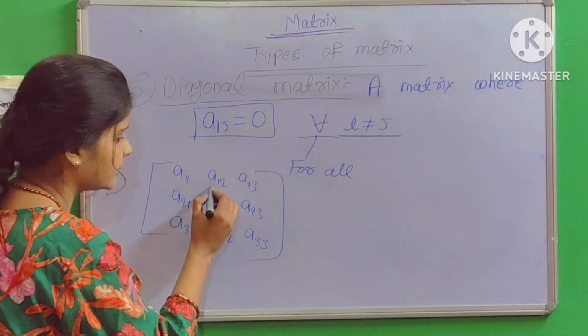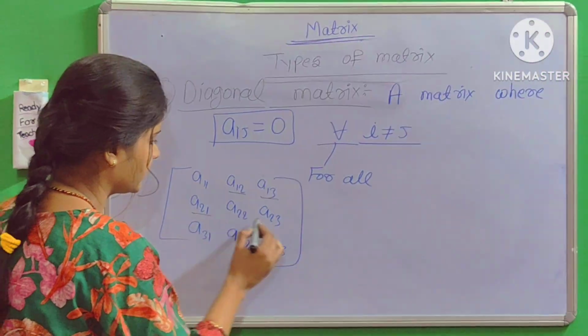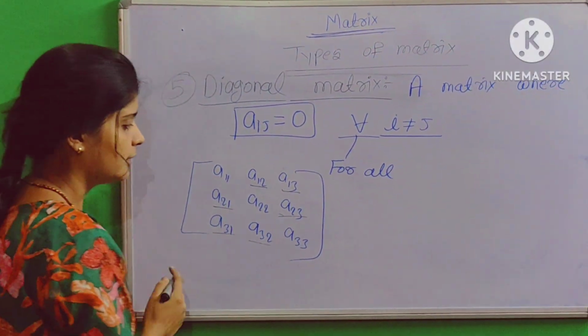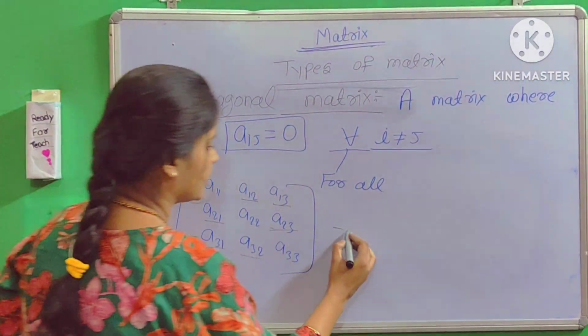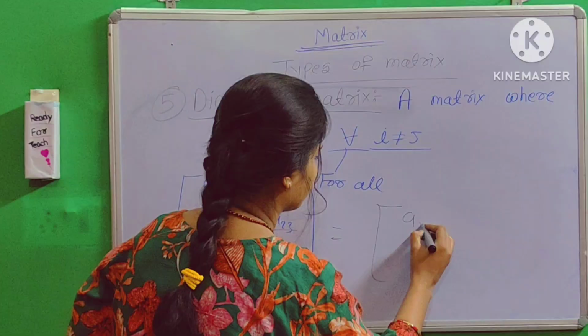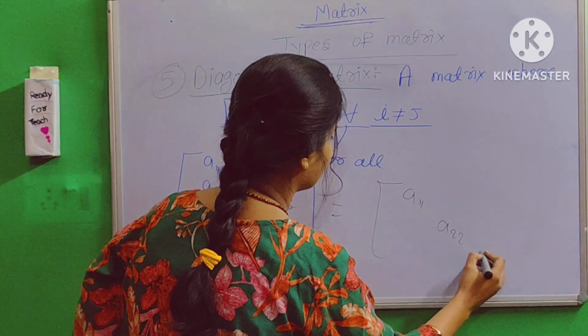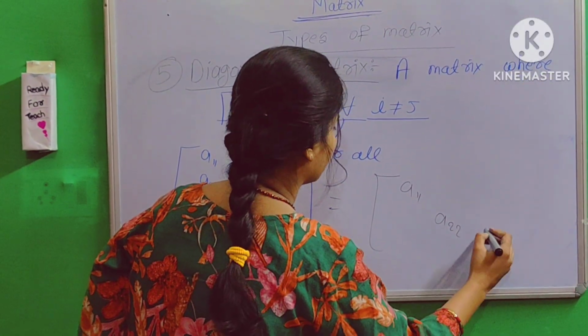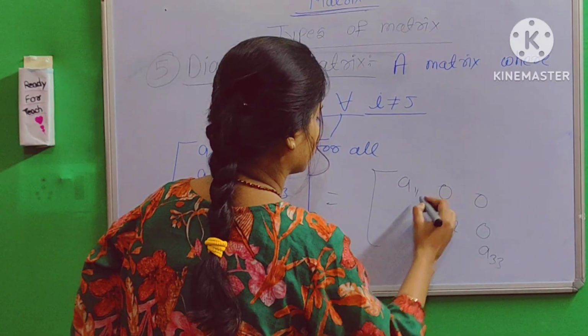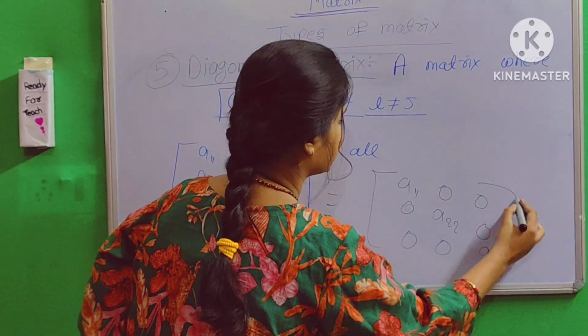Suppose here is not equal, here, here, here, here and here. So these are 0. We can write A11, A22 and A33, otherwise all are 0.